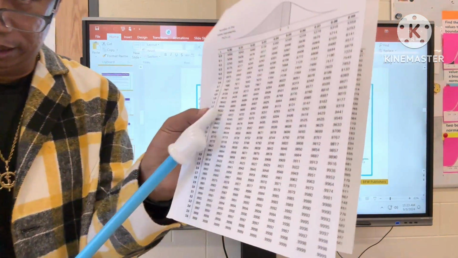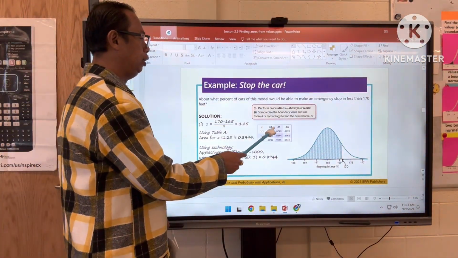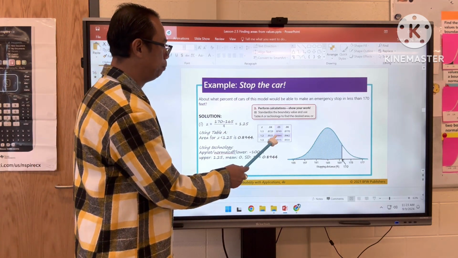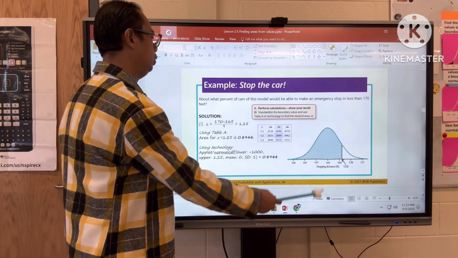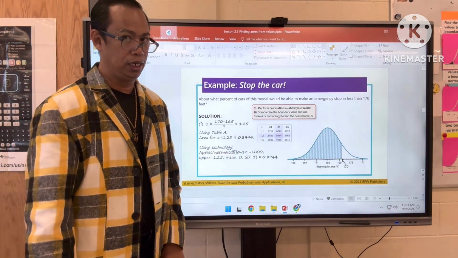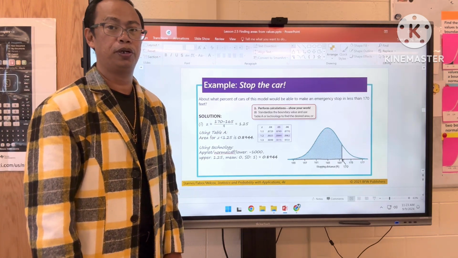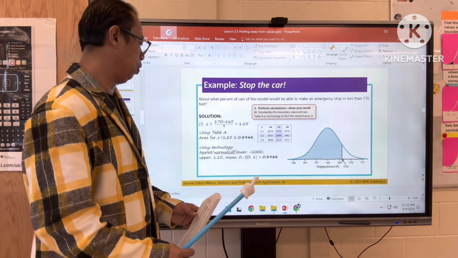So, 1.2, and then look for 0.05, and then you got 0.8944, or 89.44%. Okay, that is on the table.